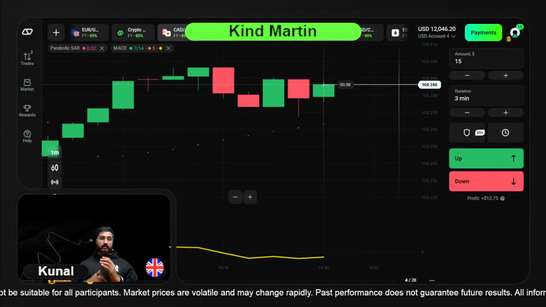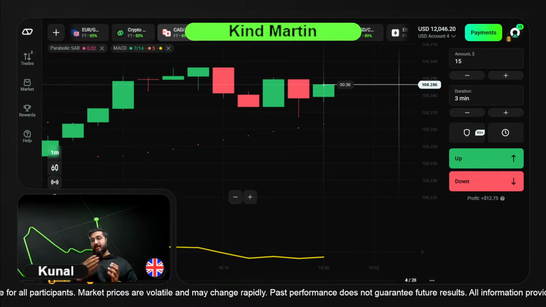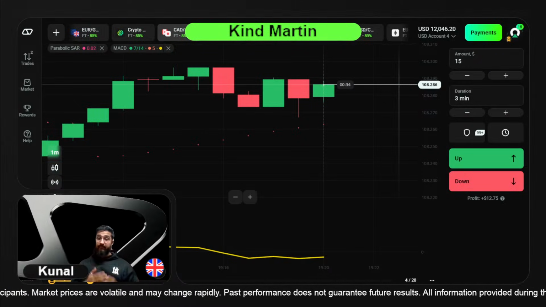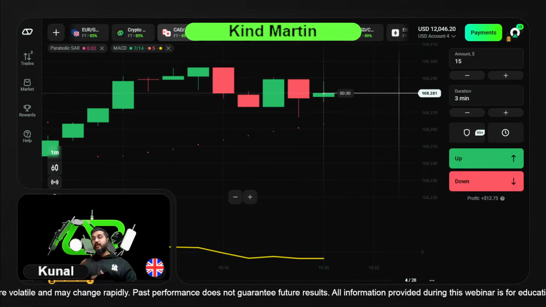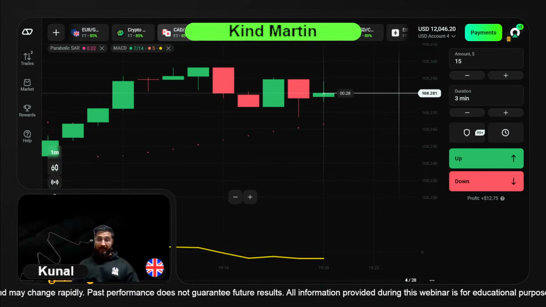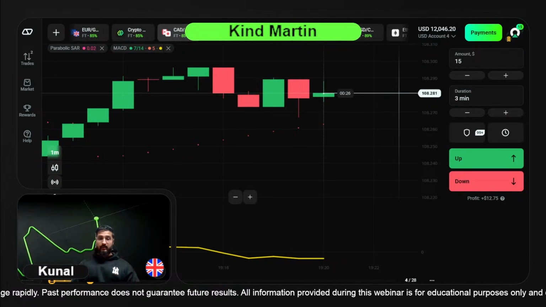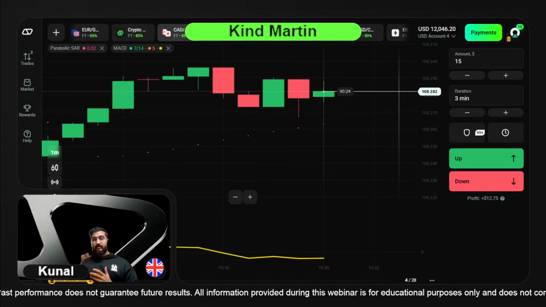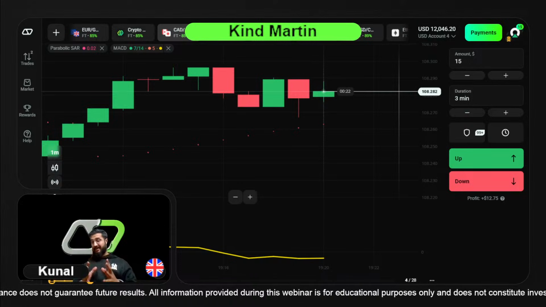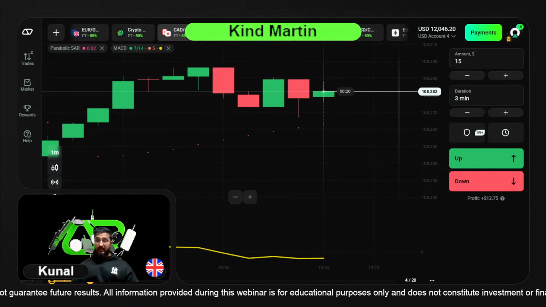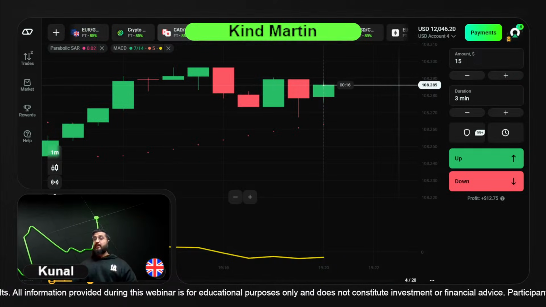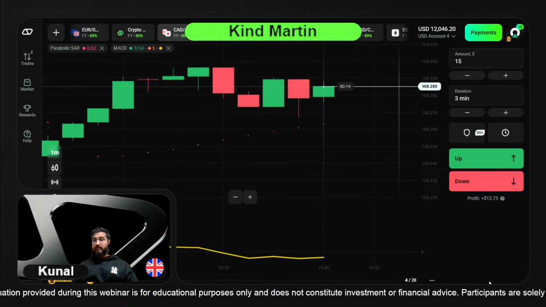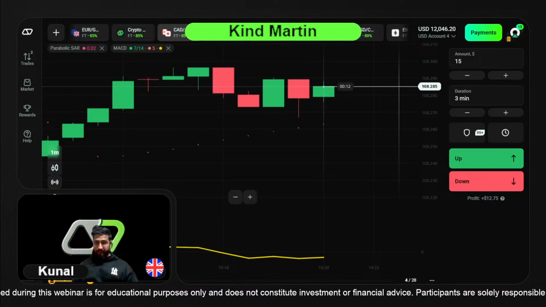But once you start implementing them, observing them, and finding the patterns which help you make profit, only then will you be able to use them. Taking 10-15 trades is not going to help you finalize or analyze that. You need to open at least 70 to 100 trades, and that is going to take some time. That is why I always say trading is not only about investing money, it's also about investing time.